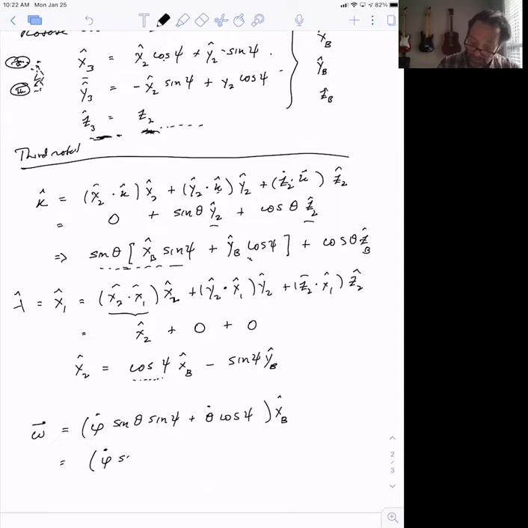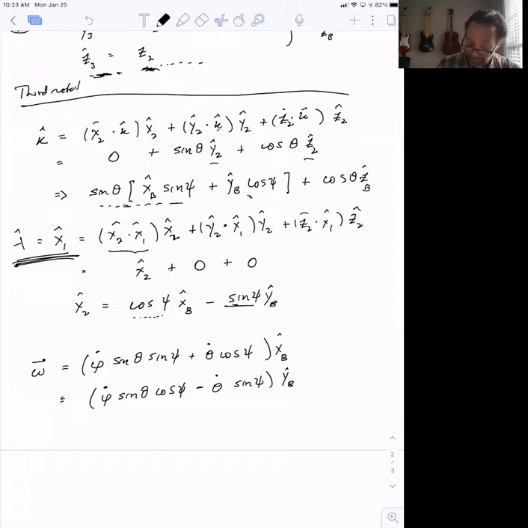So that is sine theta cosine psi. That's the k hat one, so it goes with phi dot. Let's find the y body for the line of nodes, which is that one here, minus theta dot sine psi, y body. And then, oh, there's a plus there, not an equals.